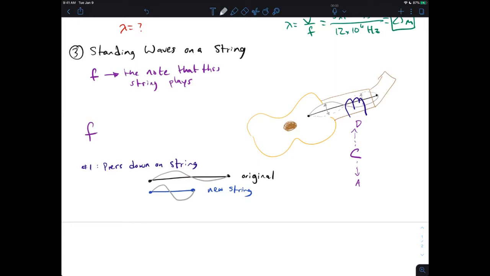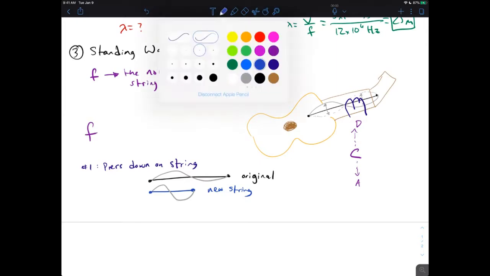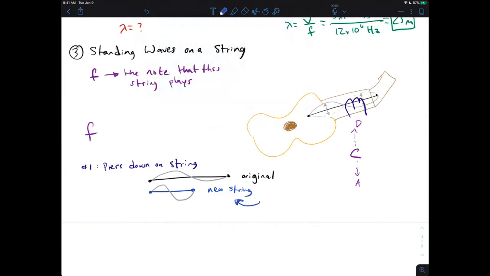So the wavelength is shorter. Now we've established that if I make my string shorter, if I make my wavelength smaller, my frequency goes up. That means they're inversely proportional to each other, right?